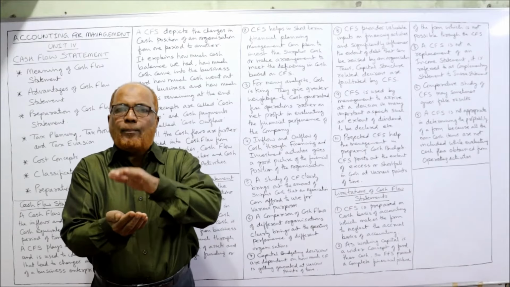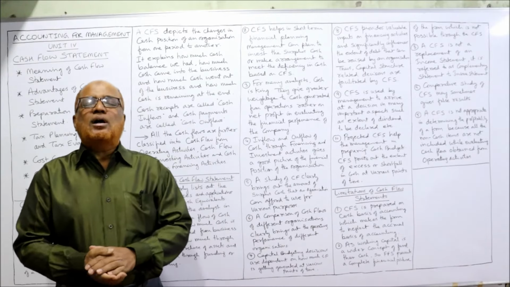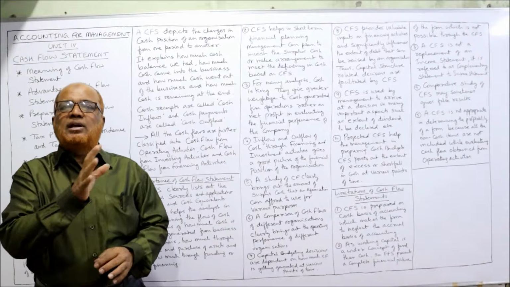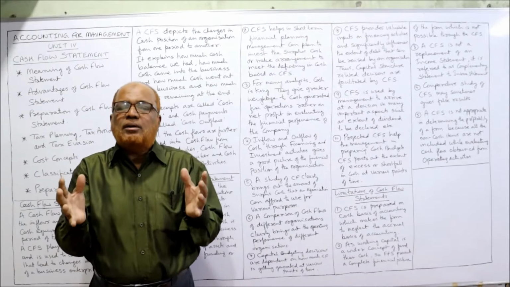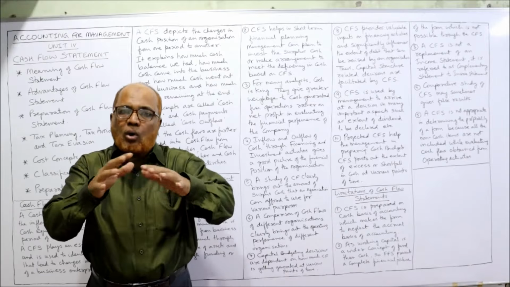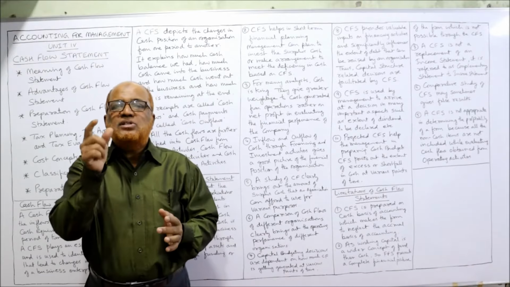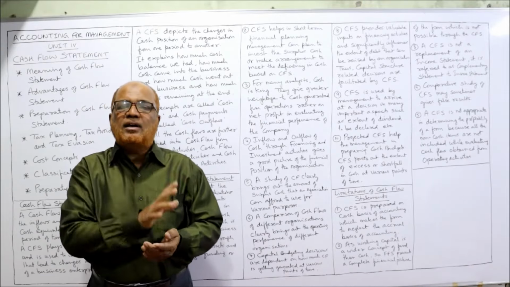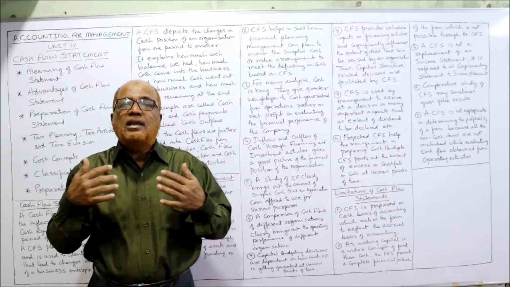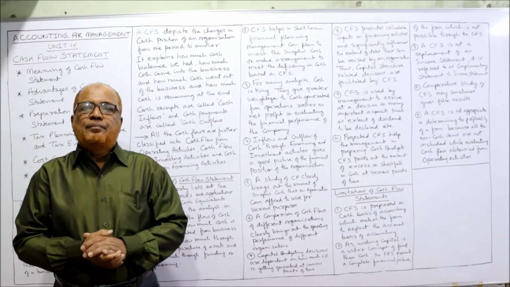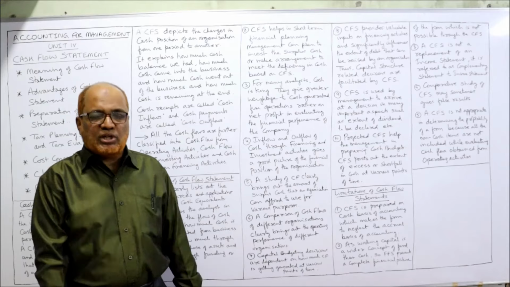Because cash is only a part, it will not show the complete picture of short-term liquidity. If you want to analyze the short-term liquidity, you have to analyze all the current assets. That means fund. Fund means working capital. So funds flow statement gives a clearer picture than cash flow statement.